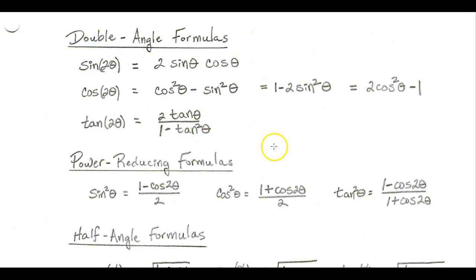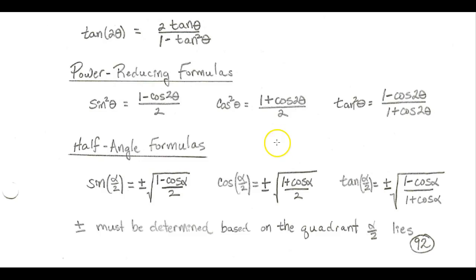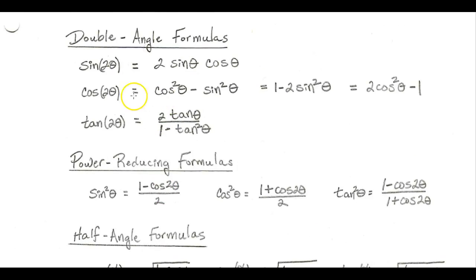The power reducing formulas: if we want to reduce the power from 2 to 1, so in other words, we don't want to work with sine squared theta. We'd like to work with cosines or sines in terms of just 1 power. So sine squared of theta is the same thing as 1 minus cosine 2 theta, divided by 2. If you play around with the cosine of 2 theta from up here, you can see how that works out.